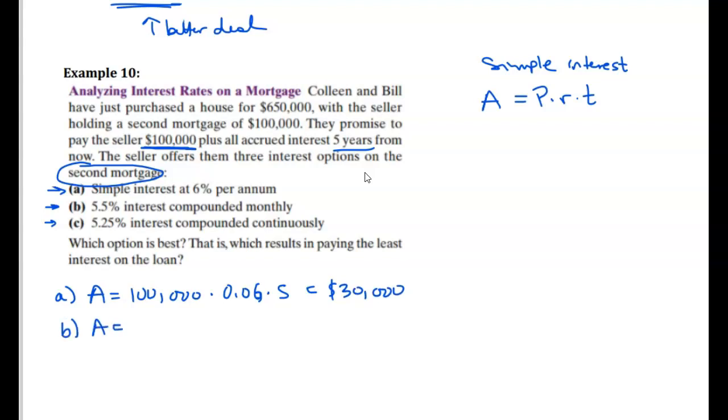On option B, compounded monthly, we have $100,000 times 1 plus 0.055 divided by 12, to the power 12 times 5. All right.